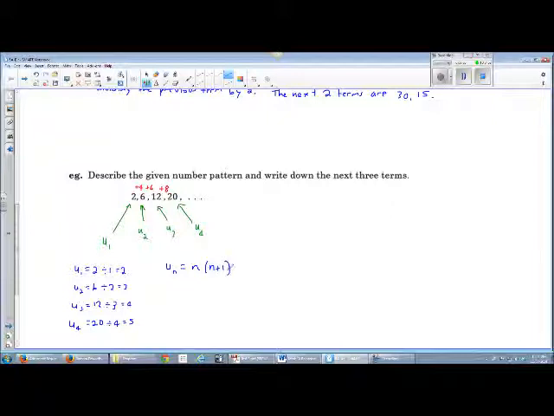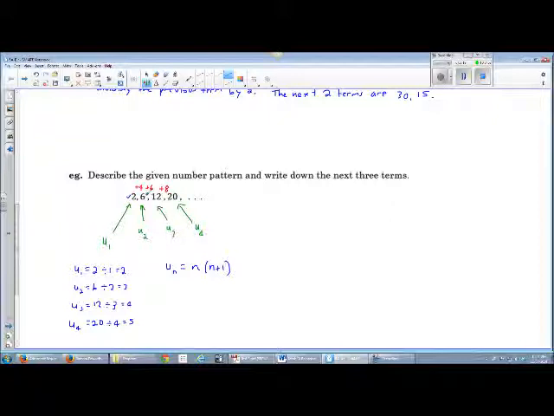So if we take term 1, n would be 1 in both positions. So if 1's there and 1's here, then I've got 1 times 2, which gives me the first term. Okay, that works nicely. For term 2, if I were to place the 2 in for n here and here, I get 2 times 3, and that gives me 6. Okay, that's working.